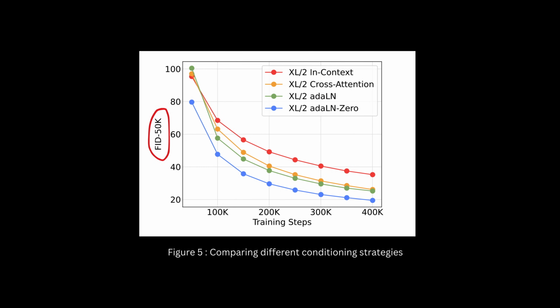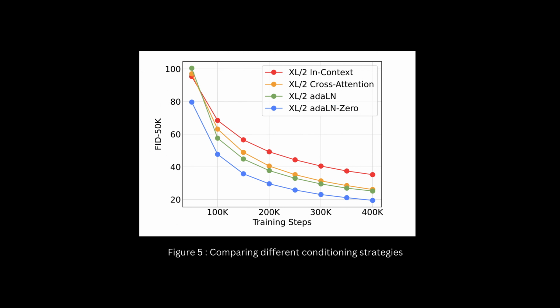Now back to the result of performance of different conditioning strategies. The authors find that in-context conditioning, where we just added the text and condition as two additional tokens, performs the worst. Cross-attention block is very similar to adaptive layer norm, and the adaptive layer norm 0 block ends up achieving the best FID.